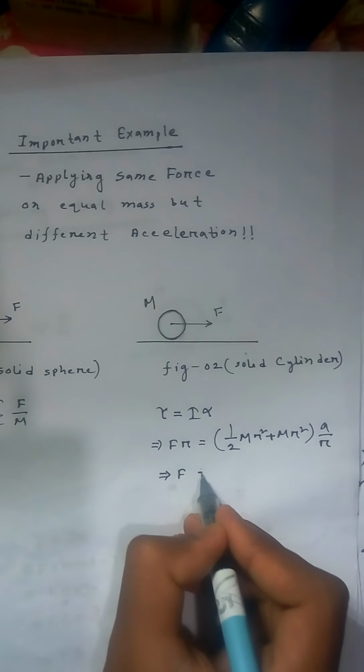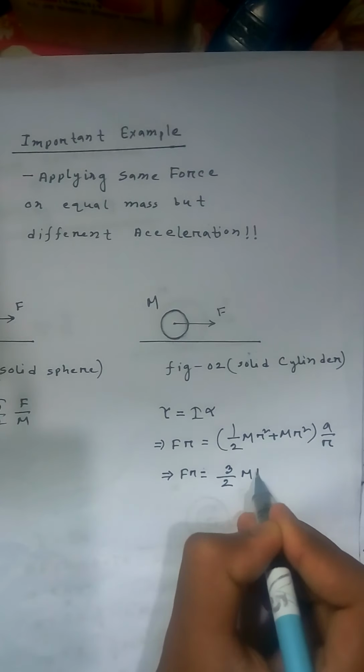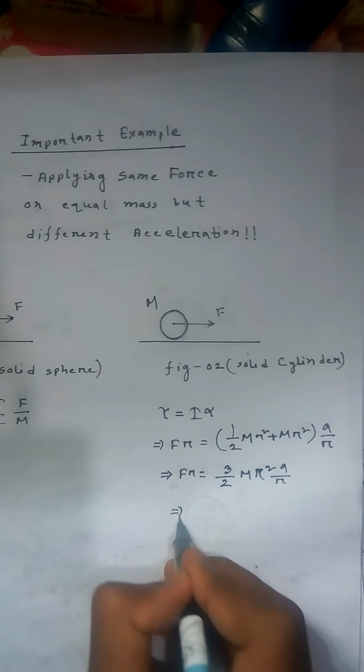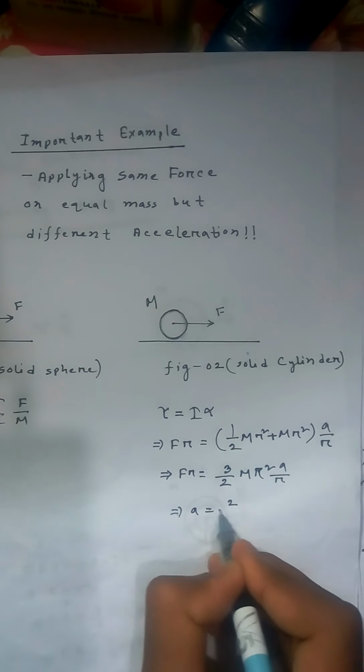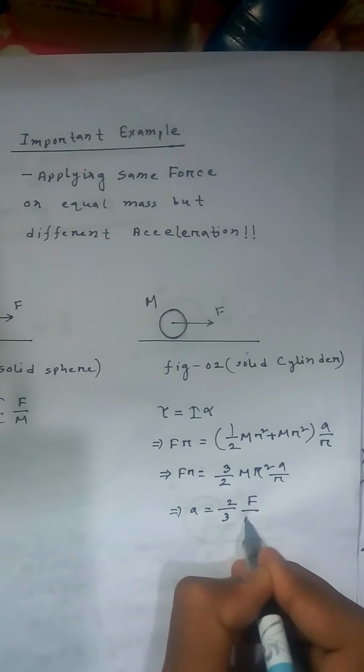So F r equals 3 by 2 m r square a by r, then a will be 2 by 3 of F by m.